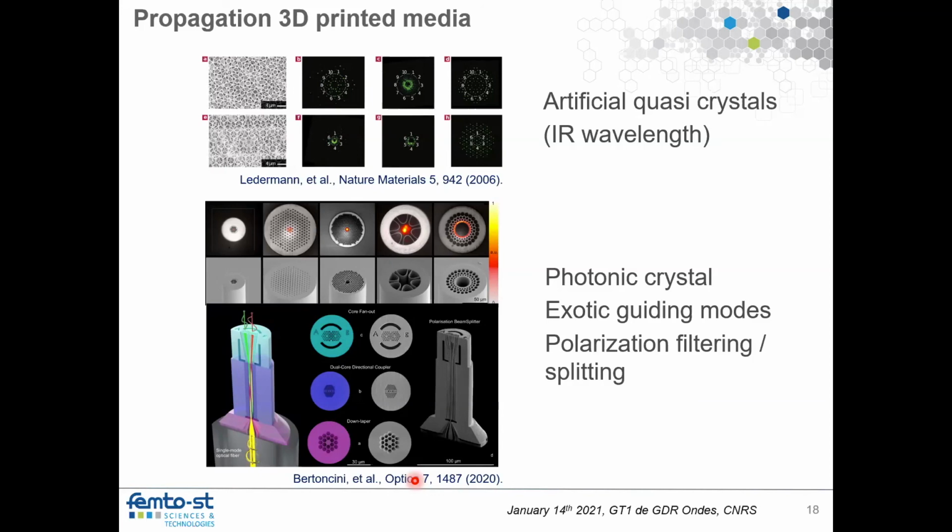Other work, for example, done in the last months of last year, so this field really takes a lot of momentum at the moment, is, for example, to 3D print photonic crystal waveguides, where you can get really highly unusual propagating modes, for example, this annular mode here, etc. Or you can print a photonic crystal polarizing beam splitter.